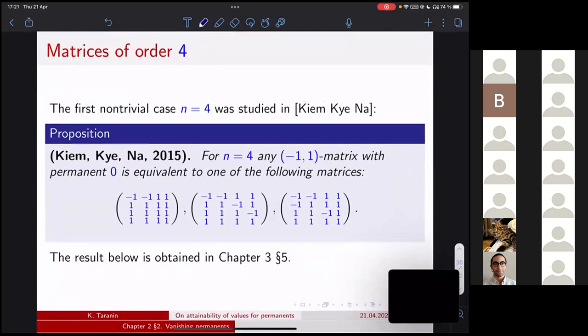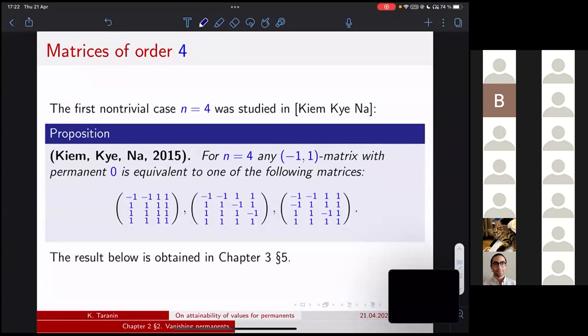This result for n equal to 4 was proved by the same researchers, Kimki and Na, the ones that proved one of the interpretations of the permanent in terms of quantum physics. But in their paper, they didn't consider equivalence up to transposition.